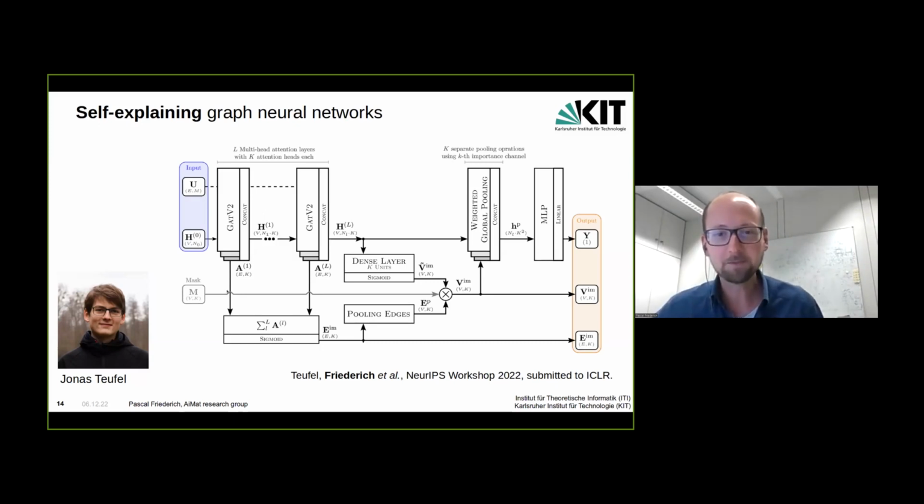And this graph that I'm showing here is a graph neural network architecture that we don't need to understand in detail now. The idea is we use graph attention layers. They can look at the importances of certain edges in the prediction. So we can use these importances generated using these graph attention layers to make edge explanations. We can then pool those into node explanations. So we get explanations not only for the connections between atoms, but also for the atoms themselves.